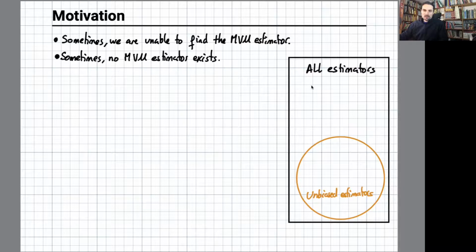And that forced us to go after a more modest goal. So we decided to confine ourselves to searching for an optimal estimator within a small class of estimators, namely the family of all unbiased estimators, right?